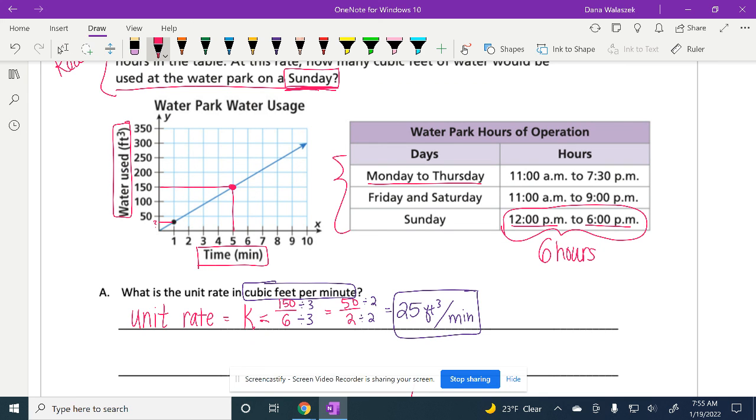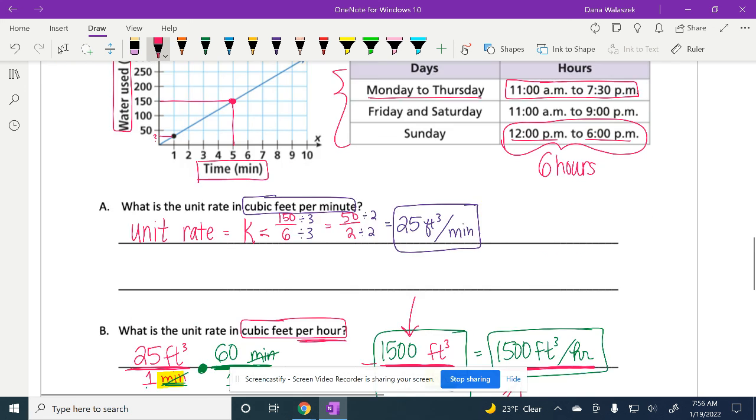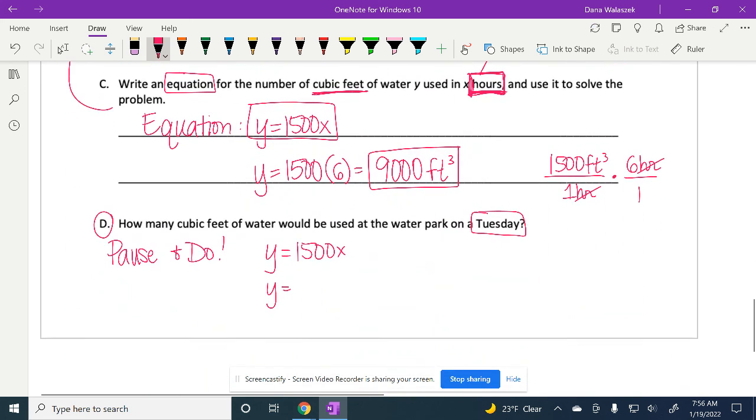So Monday to Thursday, 11 to 7:30. 8.5 hours. Put it in your calculator. 12,750 cubic feet of water.